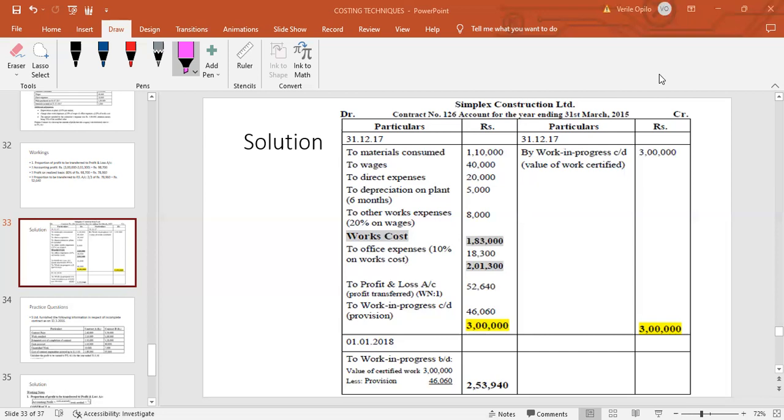But the estimated profit is going to be computed only once. It will be computed for this particular project: this is the total work that has been certified, this is the cost that we intend to incur in the future, this is the cost that we have incurred so far, and this is the contract price.